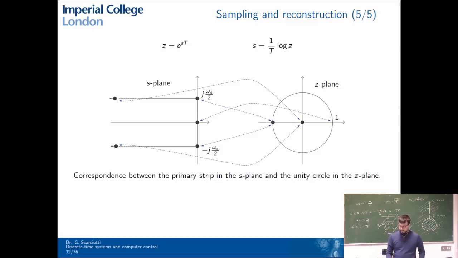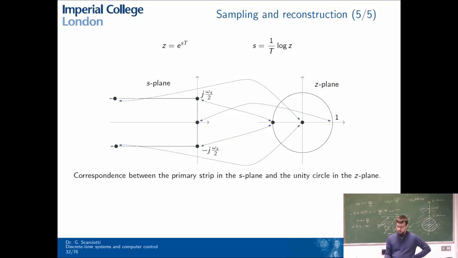Let's now look at how various points and characteristics are mapped in the Z domain. Okay, so let's start with the points in the S-plane, and we start with the point 0. So where is the point 0 mapped in the Z-plane? The point 0 is a point which has real part equal to 0.